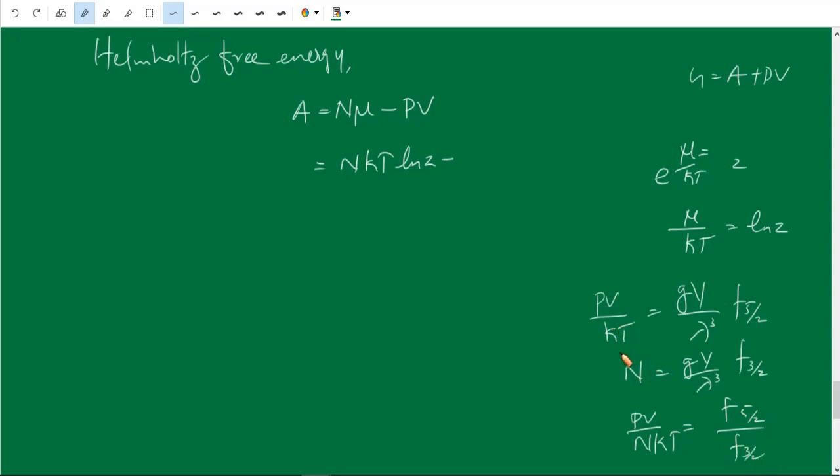So PV is NkT f 5 by 2 divided by f 3 by 2. Okay, so in terms of this Fermi-Dirac function, we can write the Helmholtz free energy also.